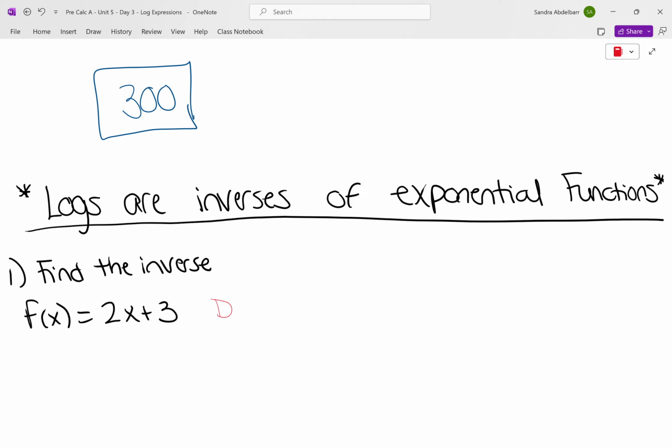First thing I'm going to ask you, do you guys all recognize that this is a line, I hope, at this point, right? So what is our domain of this line? All real numbers. What is our range of this line? All real numbers.